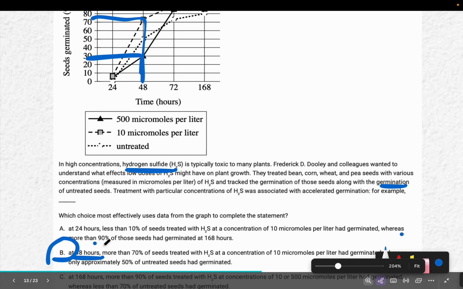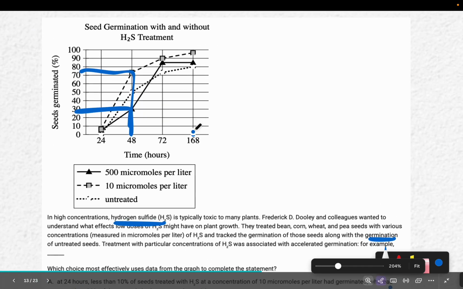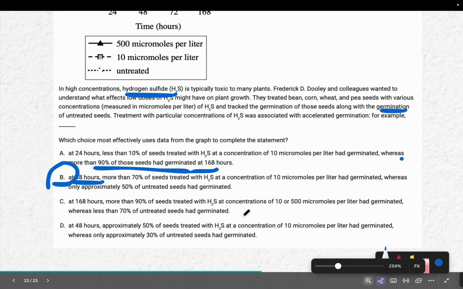More than 90% of those seeds had germinated at 168 hours, and the others germinated under more than 168 hours. So this is the answer.